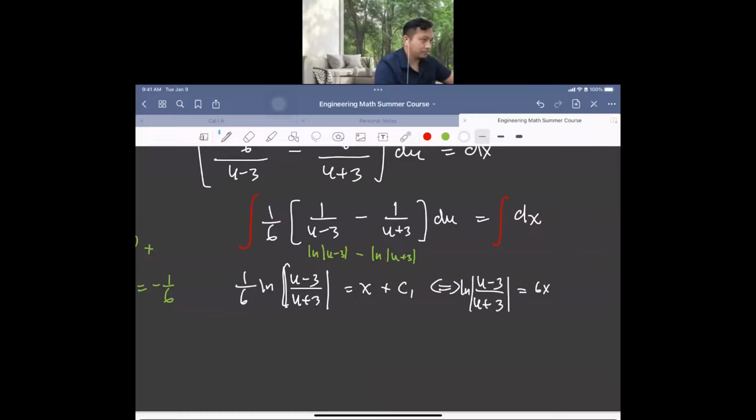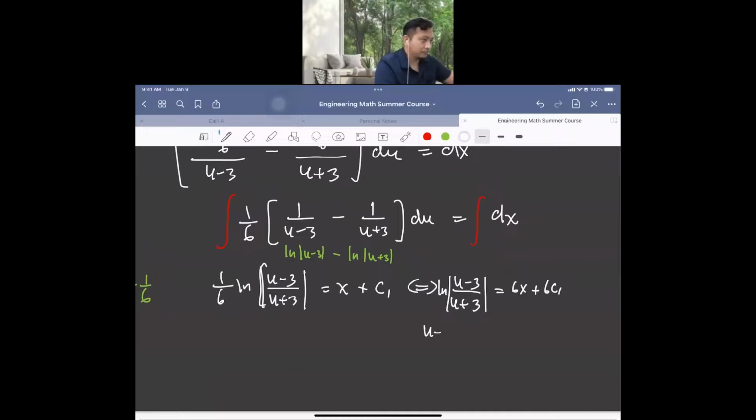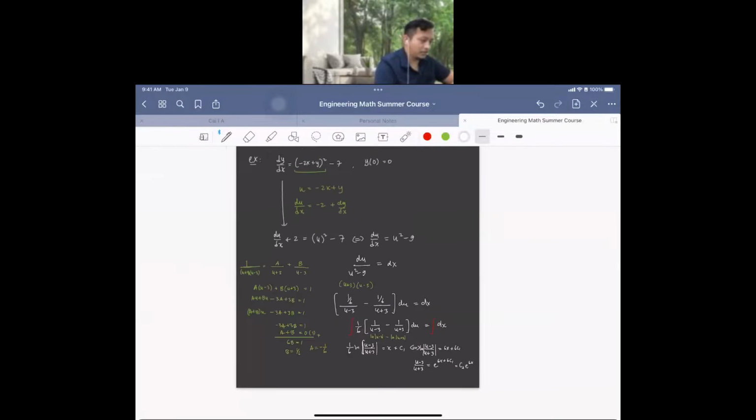So ln, this is 6x plus 6c1, and u minus 3 over u plus 3 is e to the 6x, or let me write c2 e to the 6x.